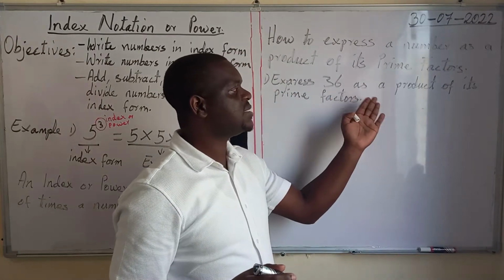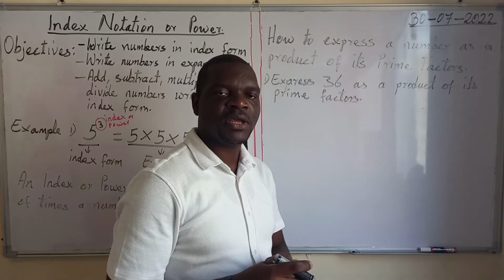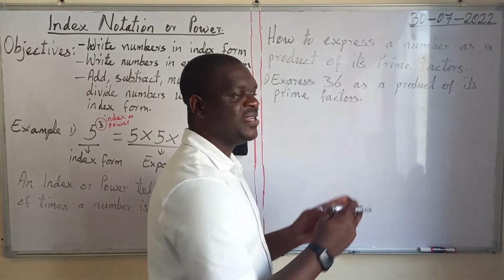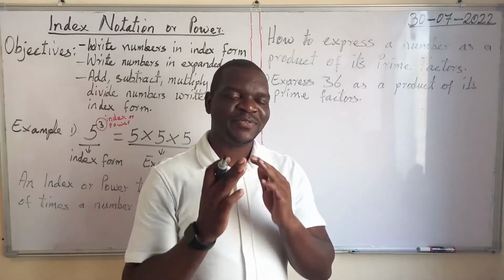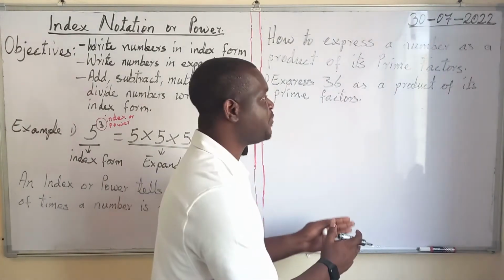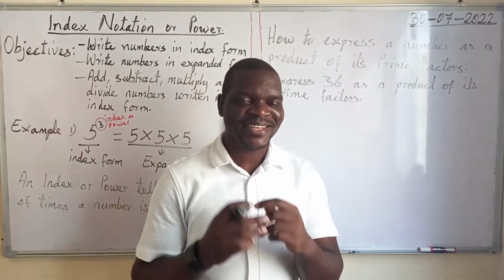Express 36 as a product of its prime factors. We are going to use two methods side by side, and you will choose one which best suits you. Follow up, because it is from the result of this that we are going to get into index notation.